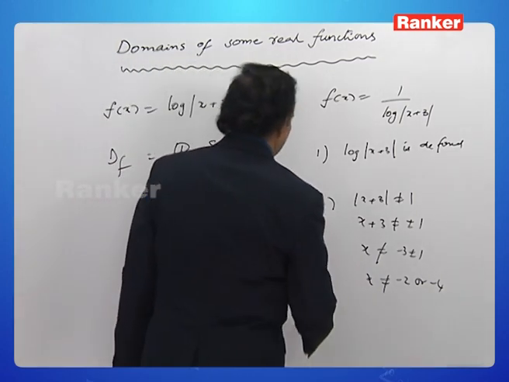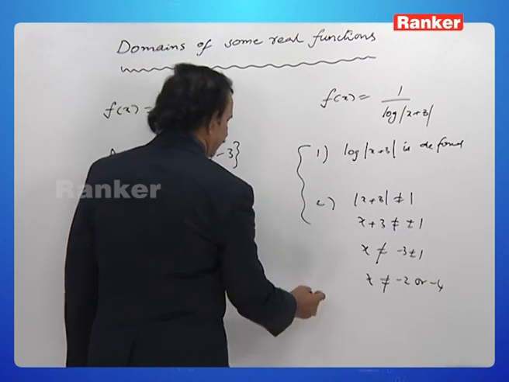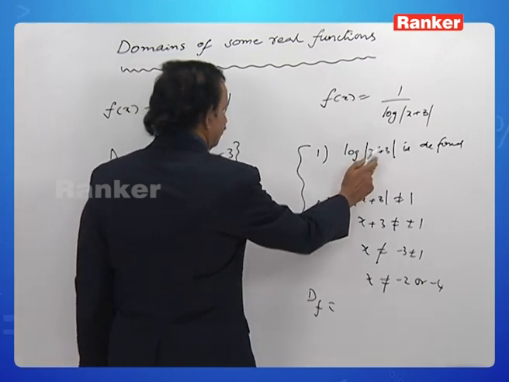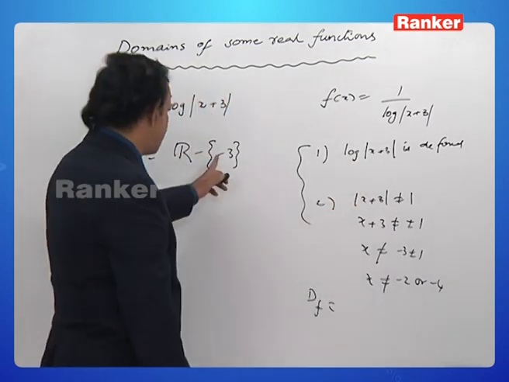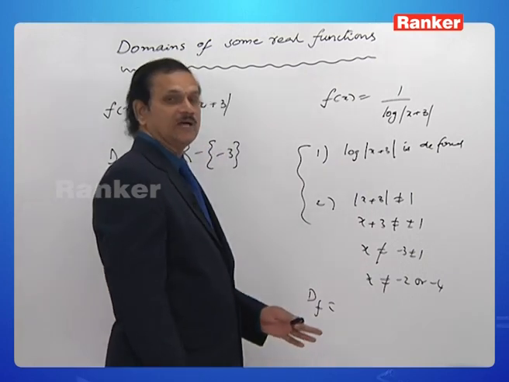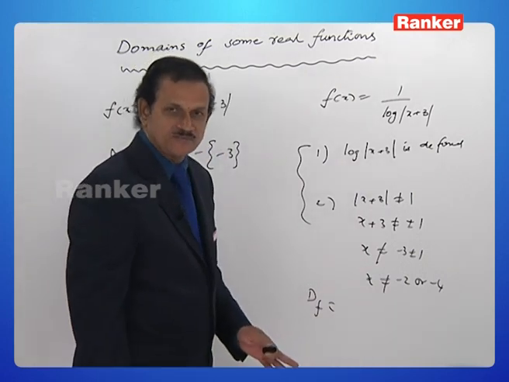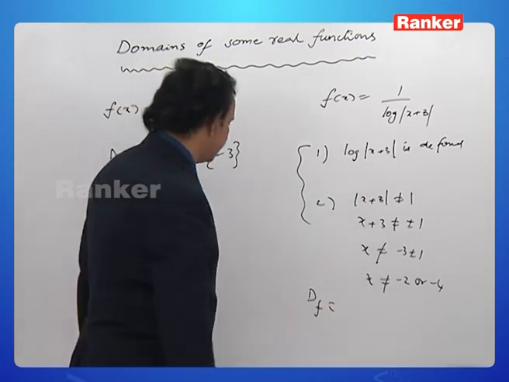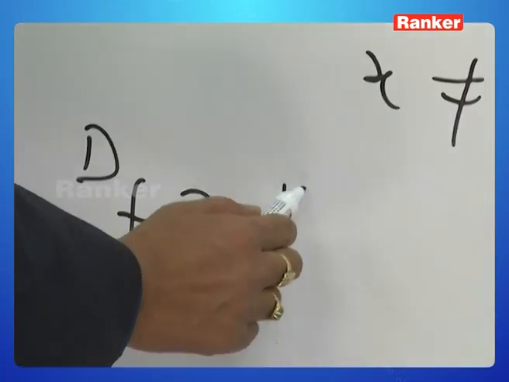Good. So, clubbing these two, the domain of f can be written keeping this point in view. What is the number that must be deleted? Minus 3. Keeping this point in view, what are the things that must be deleted from the set of real numbers? Minus 2 and minus 4. All together, what is the ultimate domain?